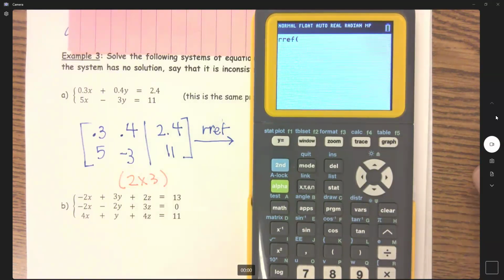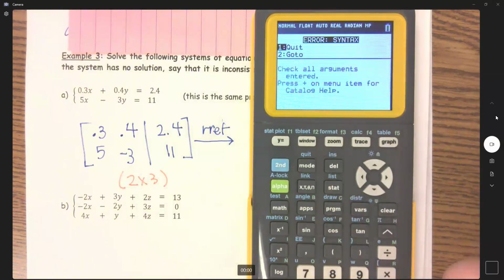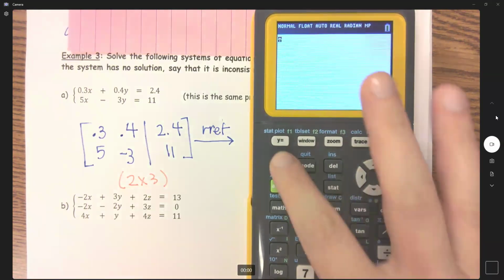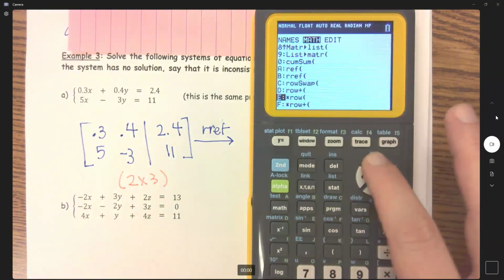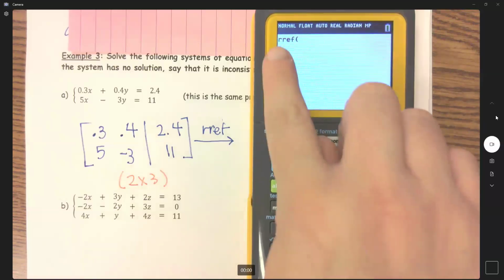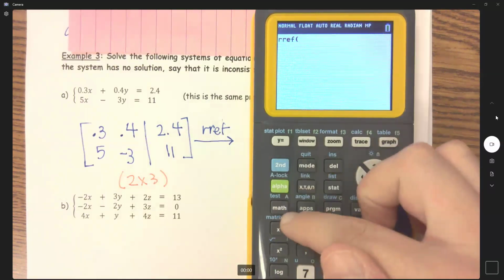Now, a really common mistake is that we just hit enter again. And if I hit enter again, I'm going to get an error because my calculator is saying, what am I putting in row reduced echelon form? So once you have your RREF in your calculator, you need to go into matrix one more time.